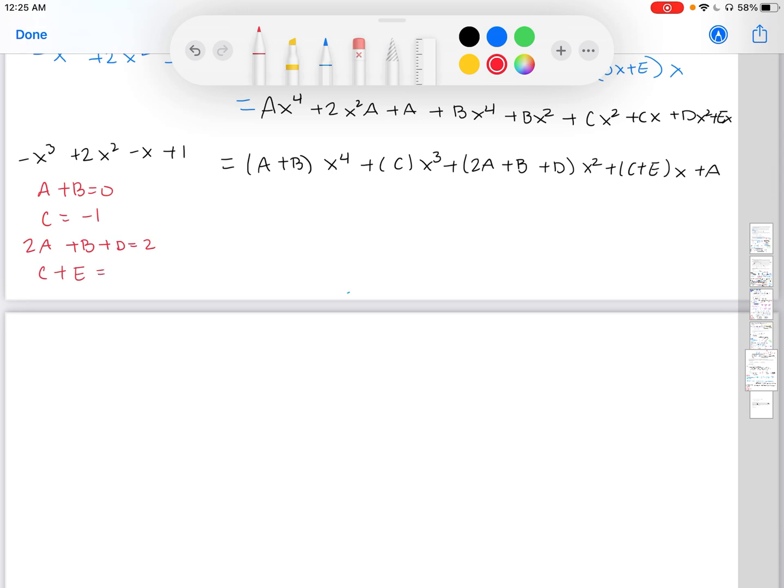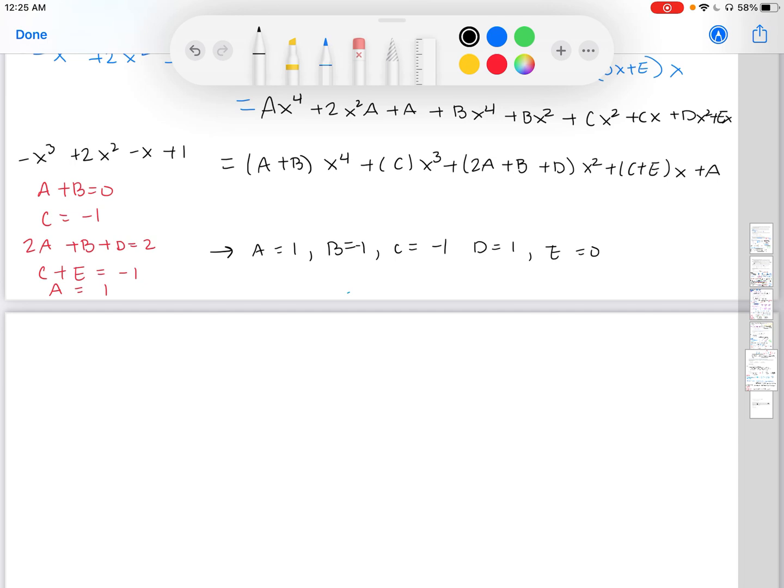C plus E equals negative 1, and A equals 1. This was not so tough to figure out. We're left with A equal to 1, B equal to negative 1, C equal to negative 1, D equal to 1, E equal to 0.